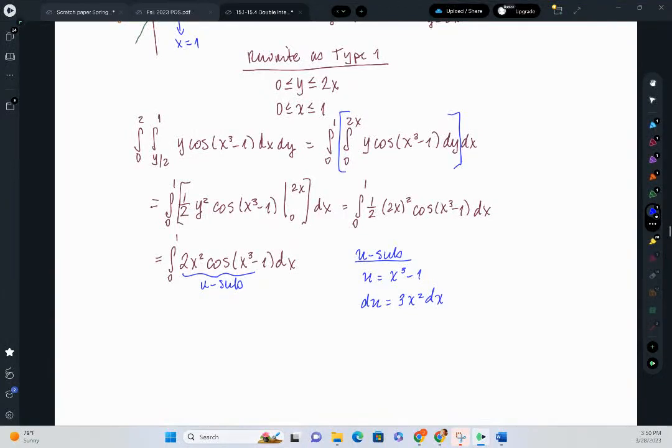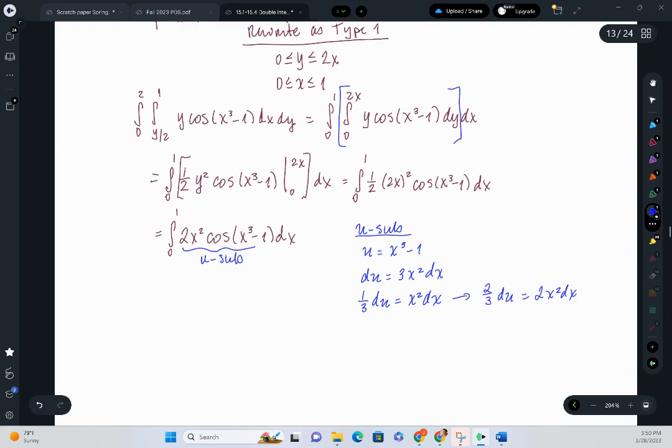I have a 2x squared dx. Well, I can divide out the 3. I get 1/3 du is equal to x squared dx. And then I can multiply both sides by a 2, which means that 2/3 du will replace 2x squared dx.